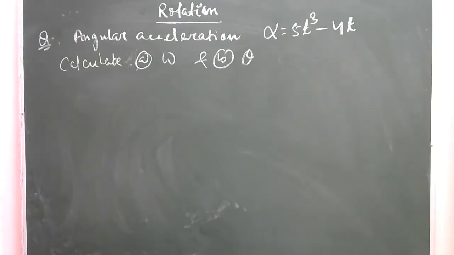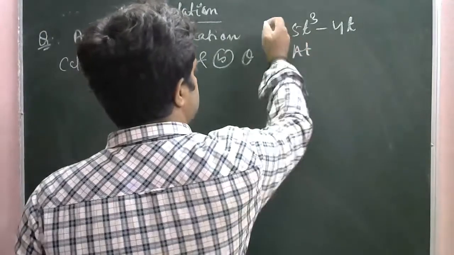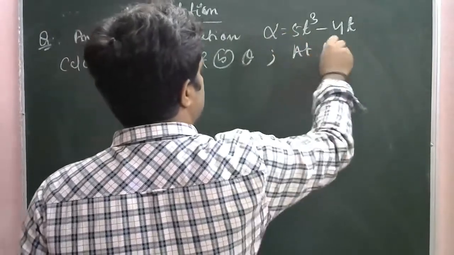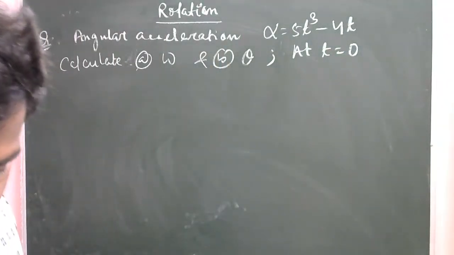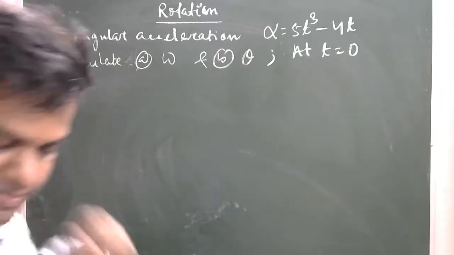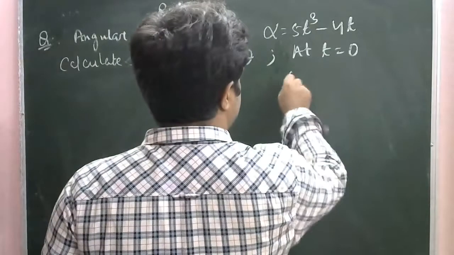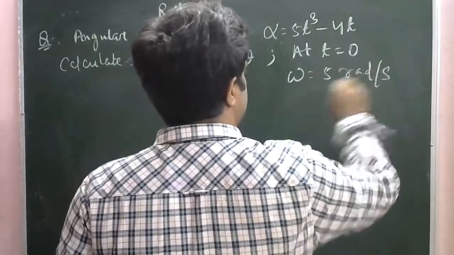What is the condition? At t is equal to 0, the angular velocity is 5 radian per second, omega is equal to 5 radian per second.